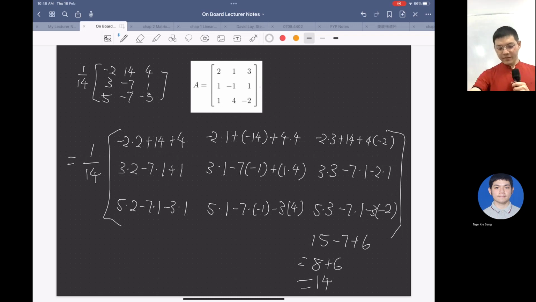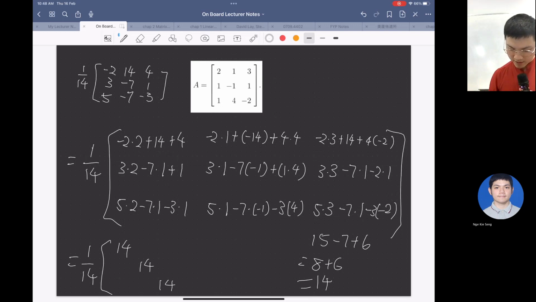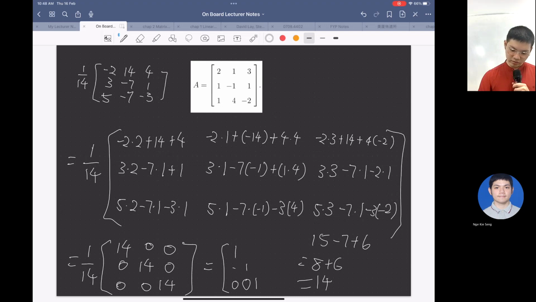Okay. So what we'll get is 1 over 14 times 14 on the diagonal, and then 0 on the other entries. Okay. Then we will get the identity, 1, 1, 1, 0, 0. Everyone following?